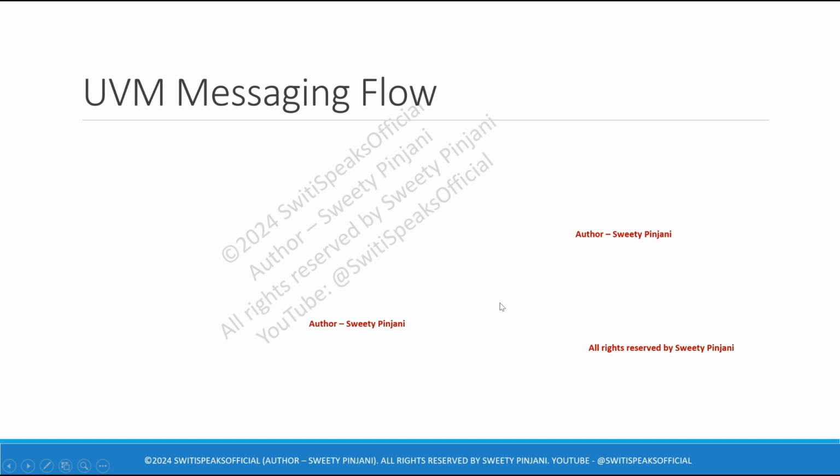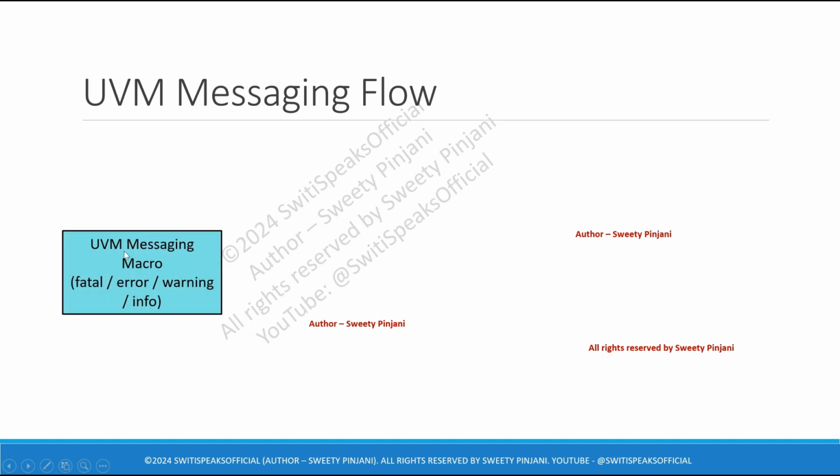Let us understand the UVM messaging flow. As I said, I'll help you understand this with the help of a flow and diagram. If you understand this diagram, you understood the UVM messaging mechanism. Let me help you understand this diagram now. First, as I said, we have a UVM messaging macro.